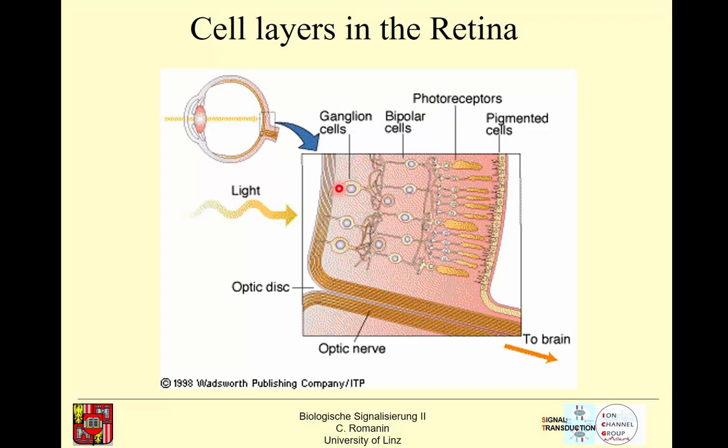As is typical for nerve cells, all signals leave the ganglion cells via axons, and all the axons get together in the optic nerve, and from the optic nerve they get into further deeper structures of the brain, which we will see at the end of my lecture.